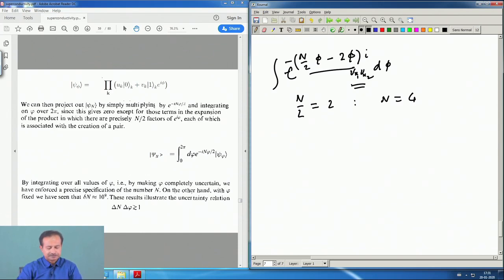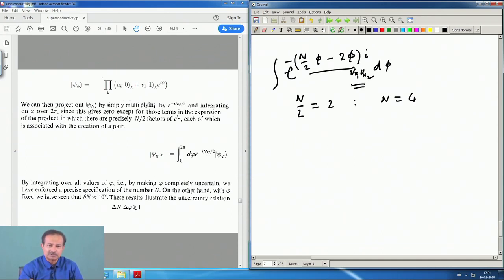So by integrating over all values of phi, that means phi is now completely uncertain because you are integrating over all phi between 0 and 2 pi, and you are picking out a particular n.